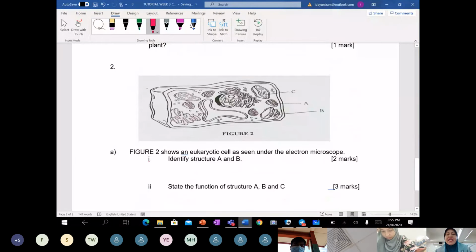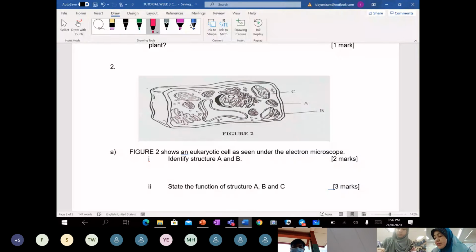Again the question asks you regarding labeling or identifying the organelles A, B, and C. But this time you need to mention the function of each organelle. So what is structure A? Mitochondria. Yes, mitochondria.